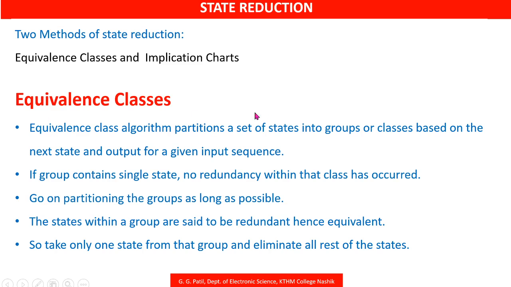What is the equivalence classes method of state reduction? What steps are to be followed? These steps are given here. The equivalence class algorithm partitions a set of states into groups or classes based on the next state and output for a given input sequence.